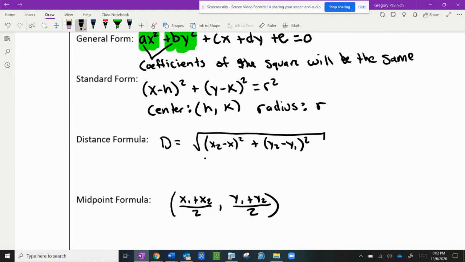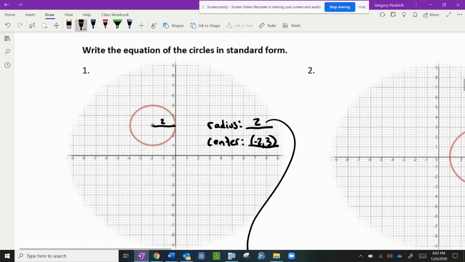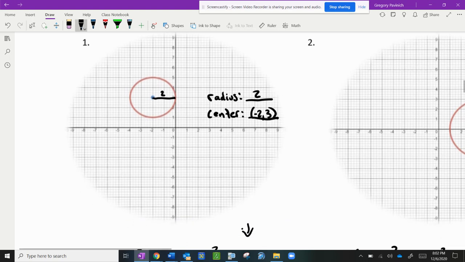Okay, and now what we're going to do is just get started on the packet, which will be homework. We'll go through and do a couple together, and then your homework is to finish those up. The first thing that you'd want to do is label your radius and your center. I still have this one done. If you notice, I have a center at (-2, 3) and a radius of 2.